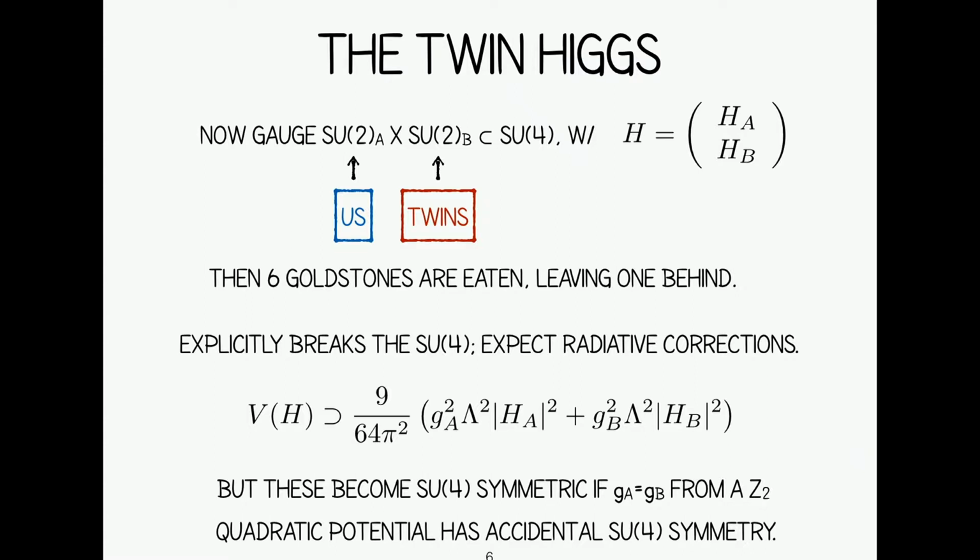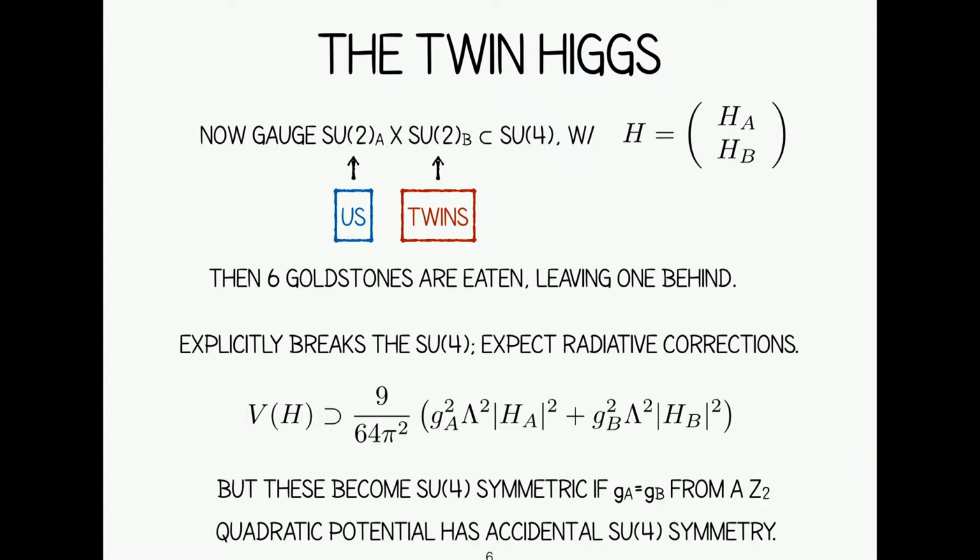I can always go to a basis where I decompose my original fundamental scalar in terms of 2 doublets of the 2 gauged symmetries. In the back of your head, you should think of the first gauged SU2 as being related to the standard model weak gauge group, and the other SU2 as being related to some other sector.